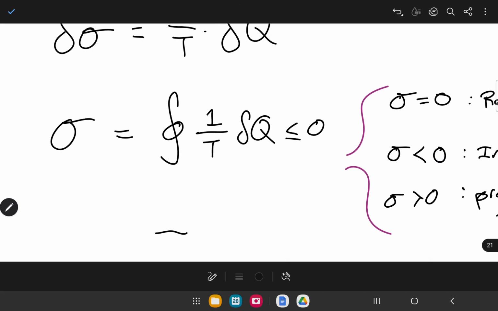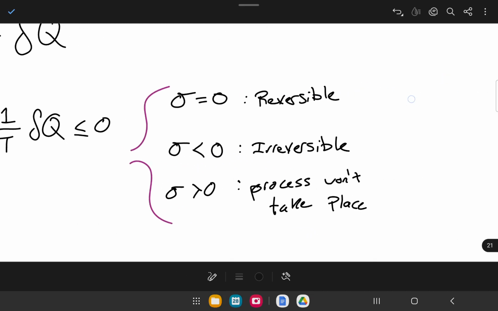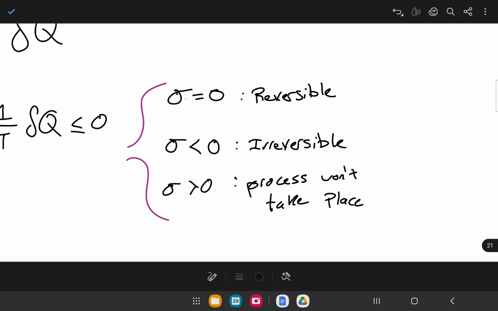And we set that up because now we can look at sigma, or the Clausius inequality, and begin to interpret whether or not the process is reversible, irreversible, or if it will not take place.